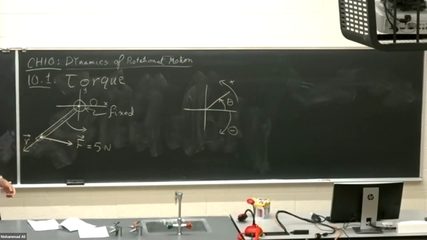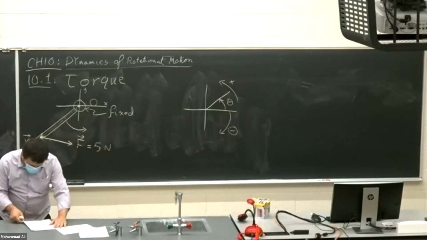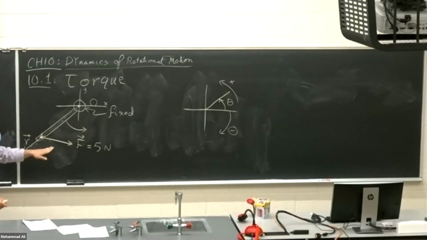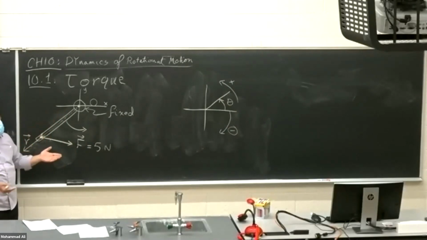Okay. Now, the rotational effect of this force at this point, which is R in distance, is another force, but it is a rotational force. This rotational force has a new name in our physics.